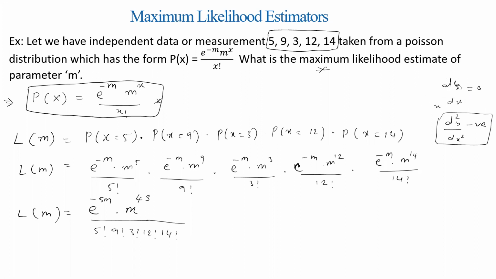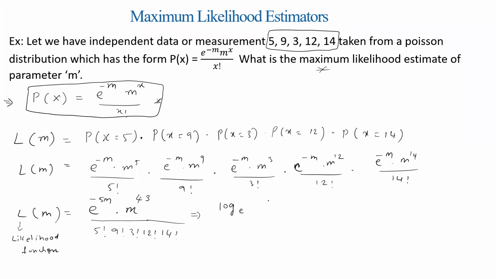Now you understood that we have to differentiate with respect to something to find the maximum of this likelihood function. This is called the likelihood function. Because we have a lot of e power and m power 43, to get rid of these powers I will take the log on both sides first. I will take log base e of the likelihood function.